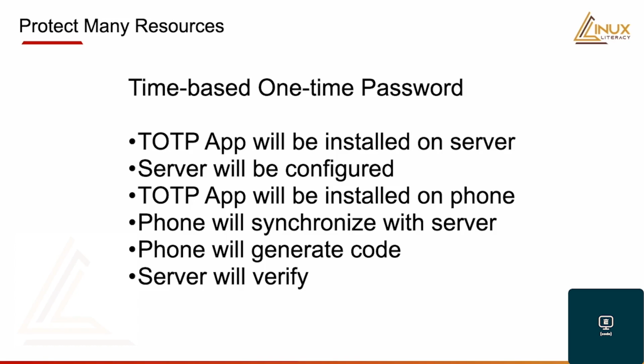For our solution, we'll install an app on our server that will generate a random, time-based, one-time password or TOTP. There's an algorithm that generates the TOTP, and the TOTP is relatively short, but only good for a short time. It's typically a 6-digit numeric or number-letter combination.